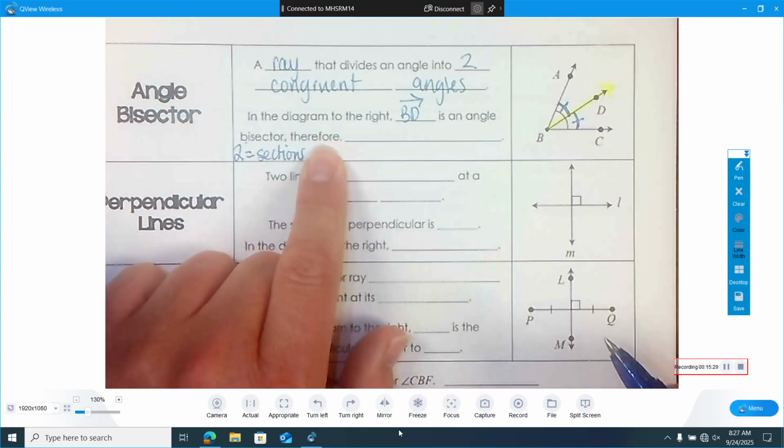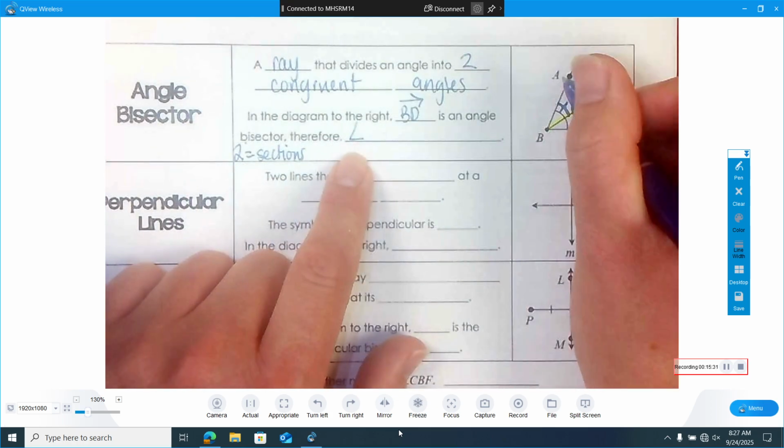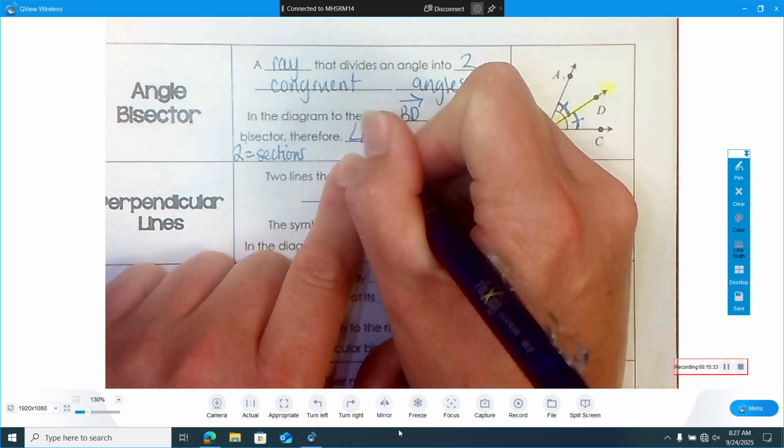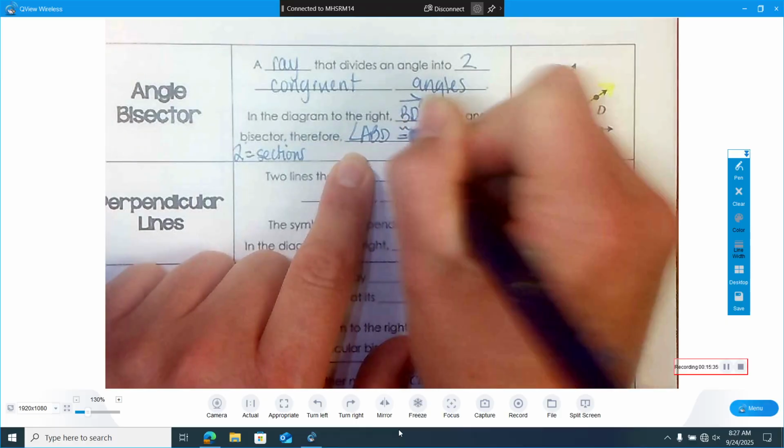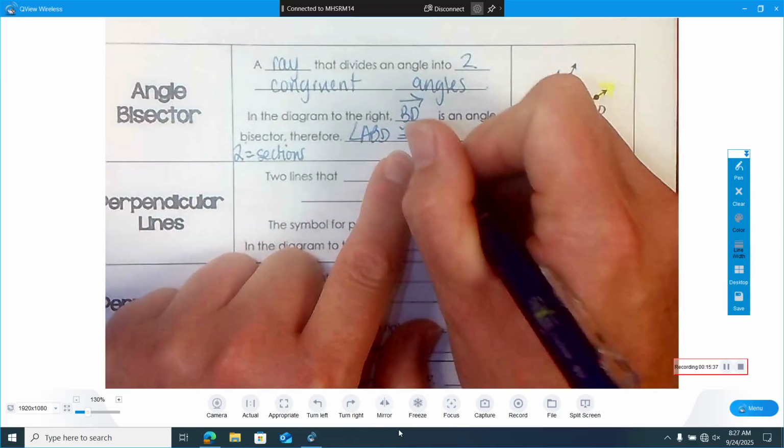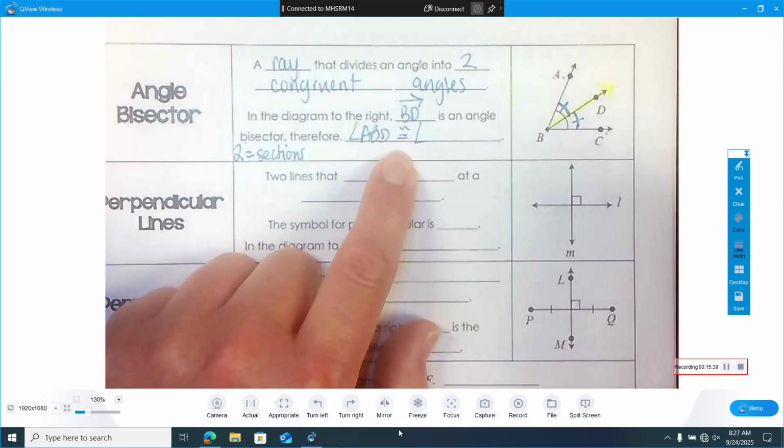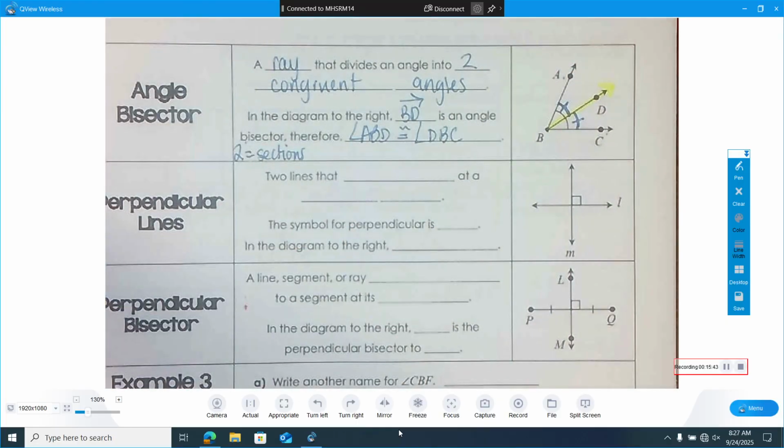So therefore, angle ABD is congruent to angle DBC. So the 2 little angles are congruent because we have an angle bisector. A bisector creates 2 congruent things, and that's something we want to pay attention to.